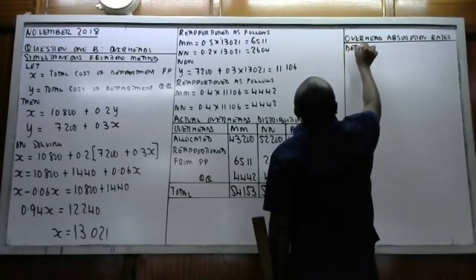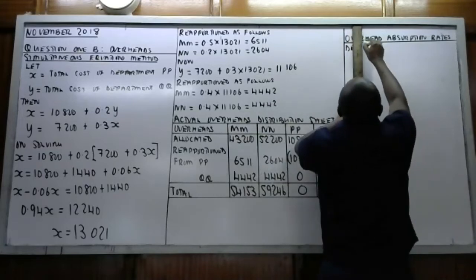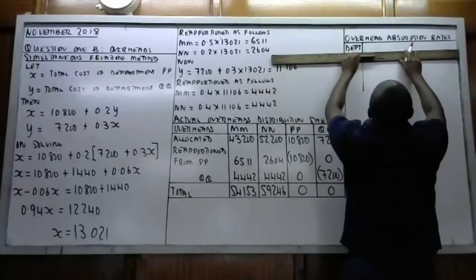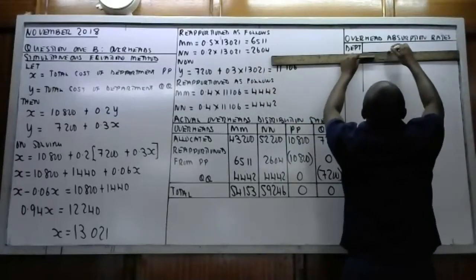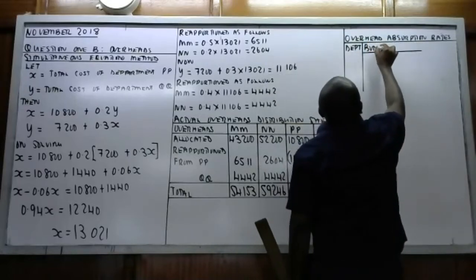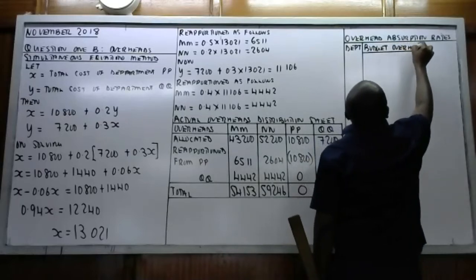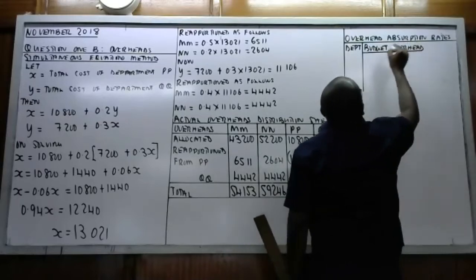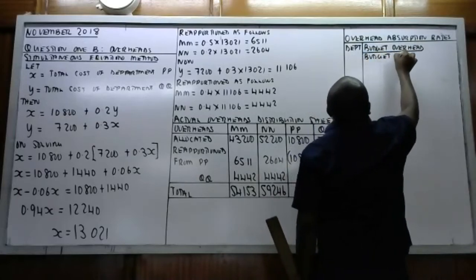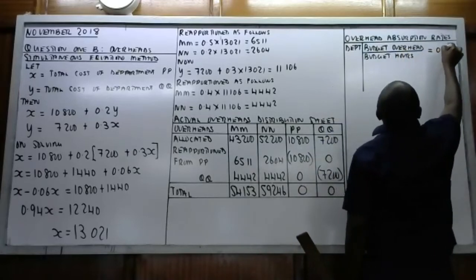We have the departments. And the formula will be budget overheads, you divide by budget hours. That is the one that will give us the OER.